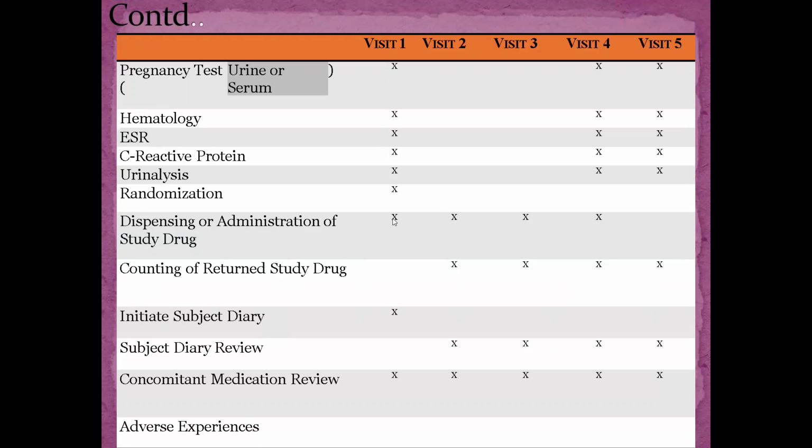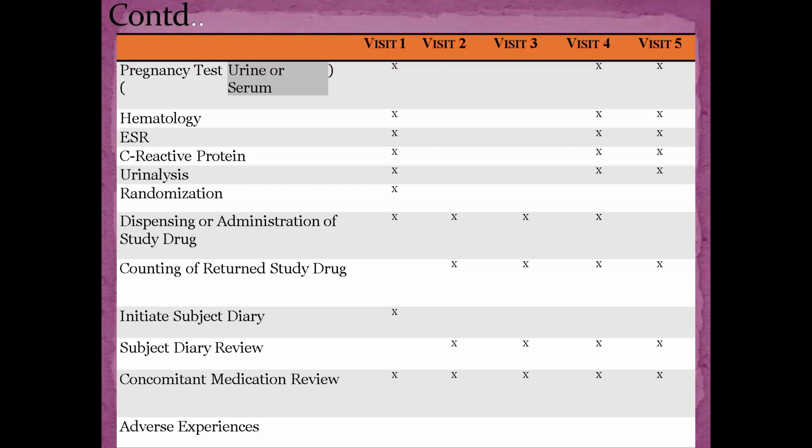So once it is dispensed here, then when the person comes to visit 2, he has to return what was dispensed here. In the study, what they usually do is, if the drug comes in a strip or bottle or anything, they will ask you not to throw it away.